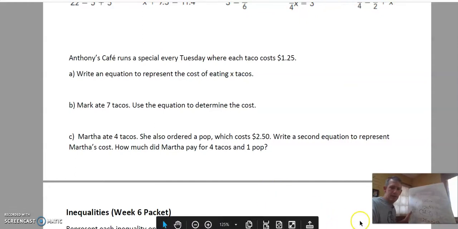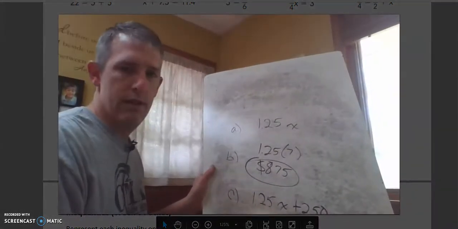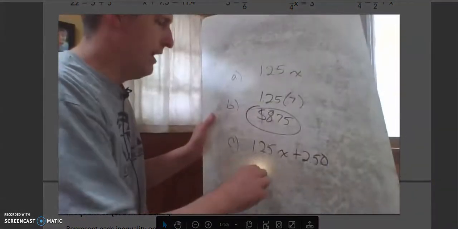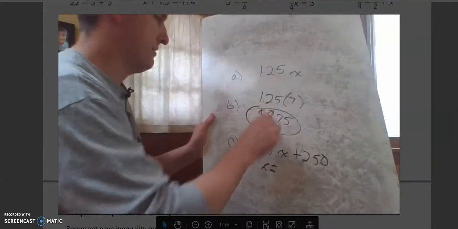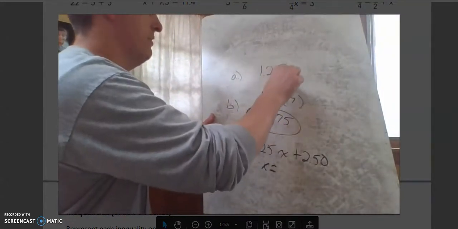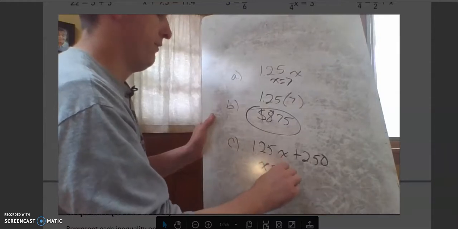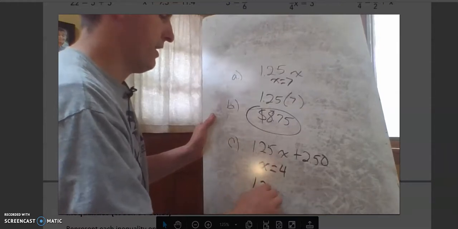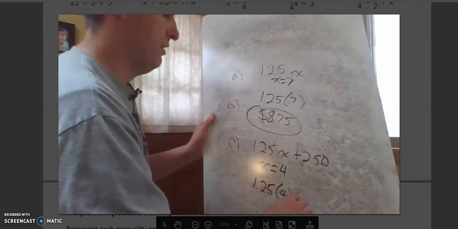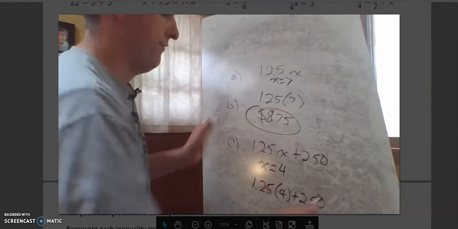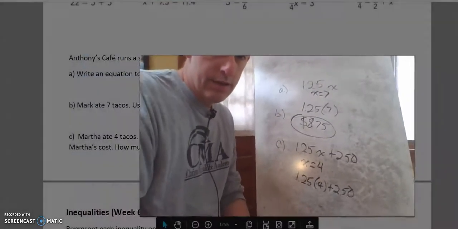So that's what my equation would look like. And then our x, in this case, would equal 4. So $1.25 times 4 plus $2.50. Okay, and then I'm going to get to the calculator.